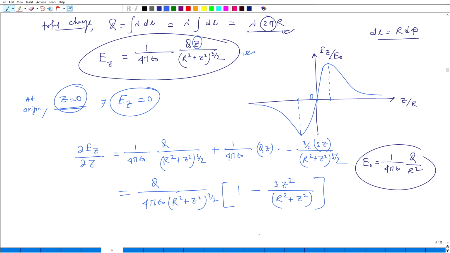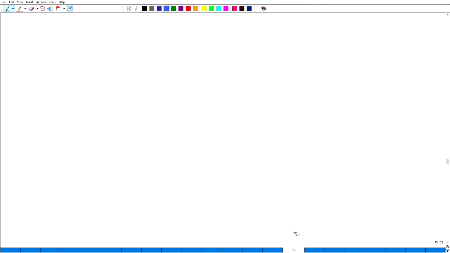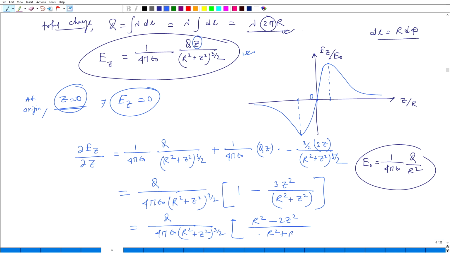This becomes q over 4 pi epsilon naught, (r square plus z square) to the power 3 by 2, times (r square minus 2z square).